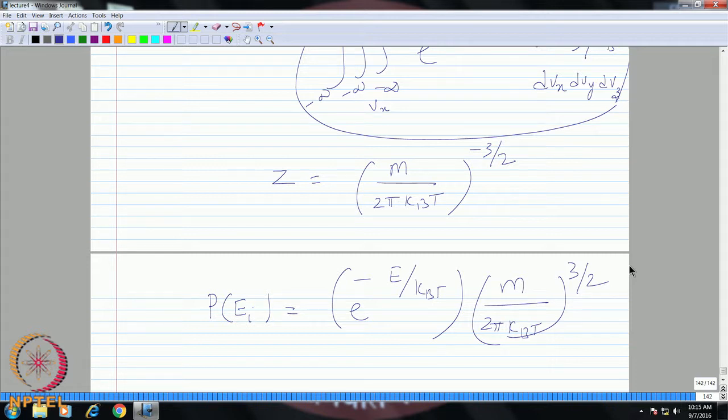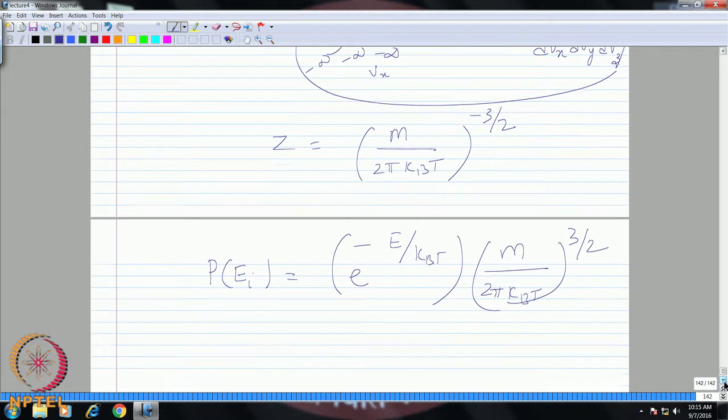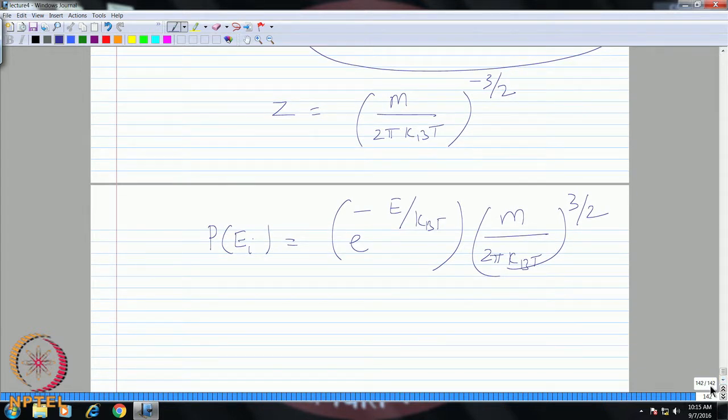Now what we need to actually evaluate is not just the probability, but the distribution function, the number distribution. So, how many molecules can occupy a particular energy level and so on.